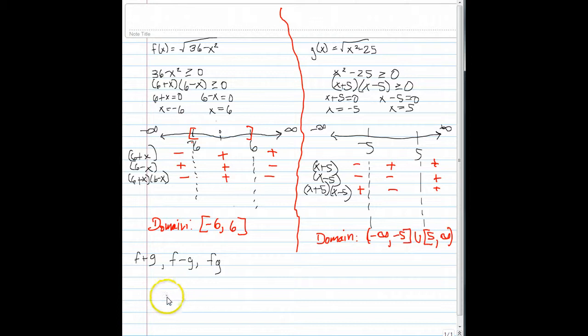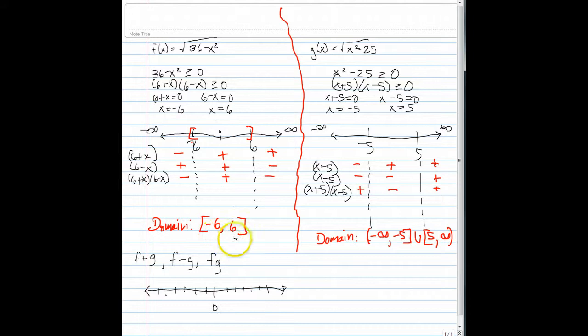So here's my 0. Let's go out to 1, 2, 3, 4, 5, 6. 1, 2, 3, 4, 5, 6.